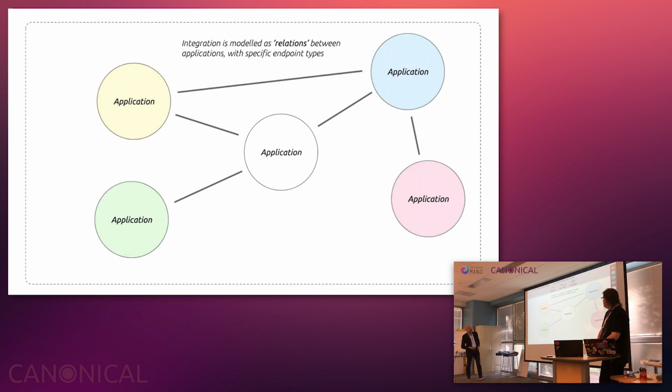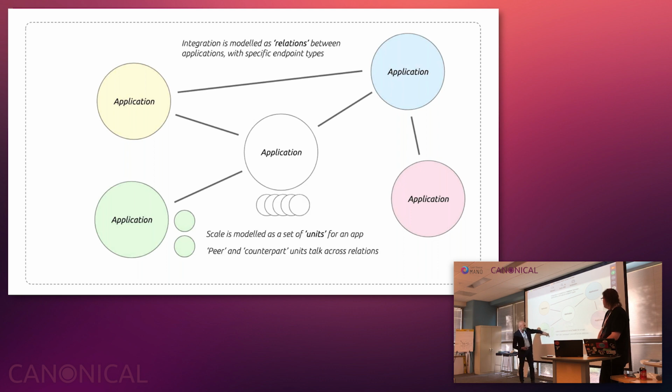So we track integration as relations, and then we track scale through the idea of units, right? We have the idea that these are peer units of each other, and because they're related, those are counterpart units to these guys. And units talk to each other across relations. So when I relate this application to that application, these units, who can always talk to each other as peers, now gain the ability to talk to those units.